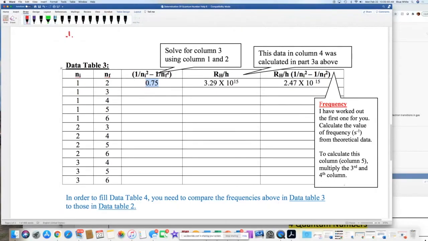For the first one, it's going to be 1 over 1 squared minus 1 over 2 squared, right? And when you work this out, you get it in decimal form, 0.75. In the end, you multiply these two numbers and you get that.